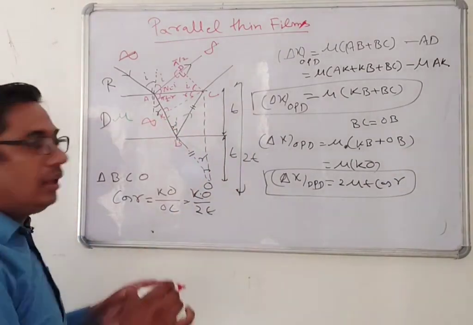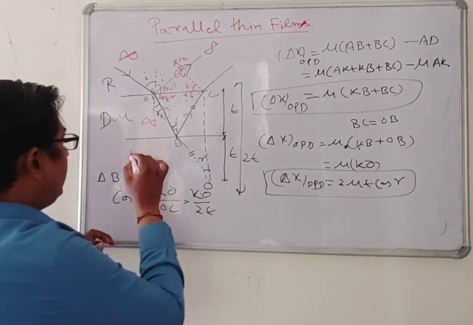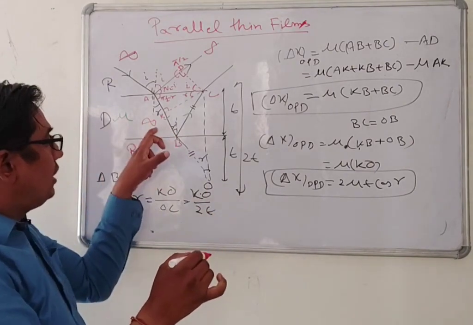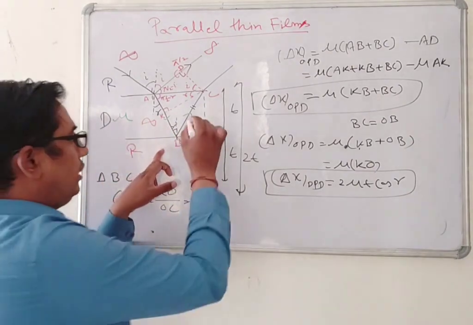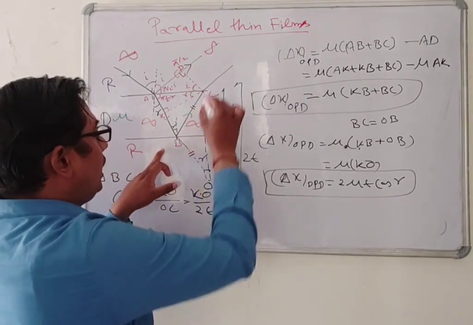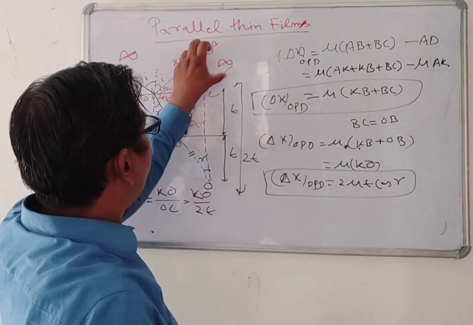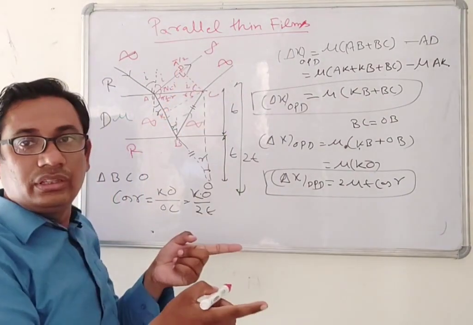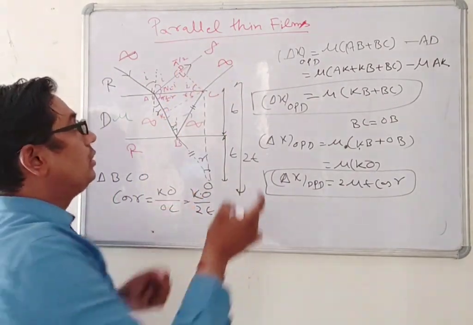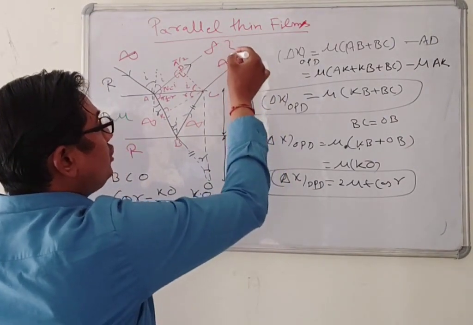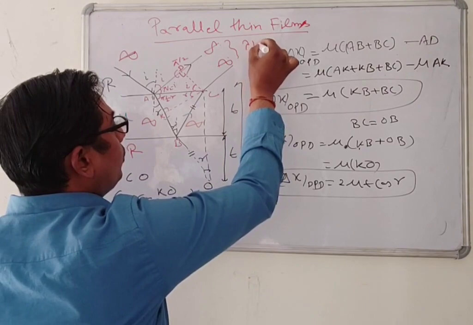And here the light is reflected from denser to rare, so it will not change, and finally you will see that both rays are out of phase. It means the difference is lambda by 2.